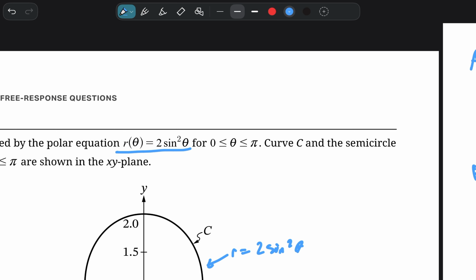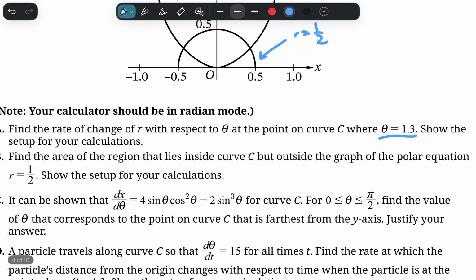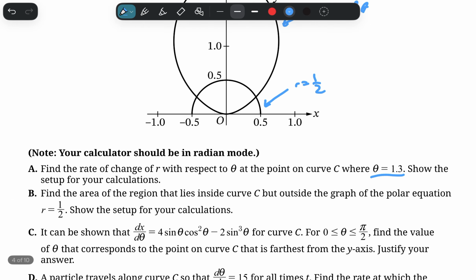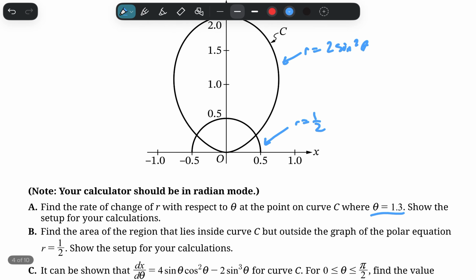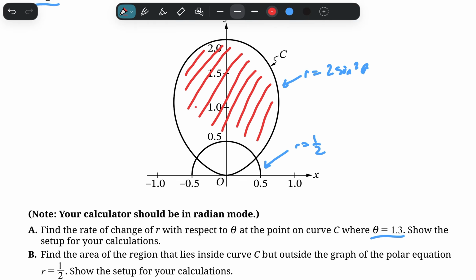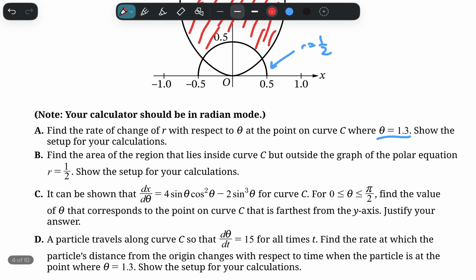Moving on to part B here. Part B asks us, find the area of the region that lies inside curve C, but outside the graph of the polar equation r equals 1/2. So basically the question is telling us to find this area right here, all this area right here. Now we have to exclude this area because the question says we must find the area outside the graph of the polar equation r equals 1/2.